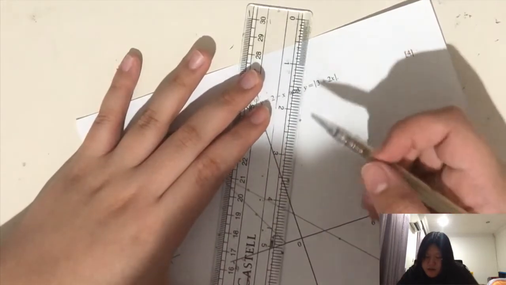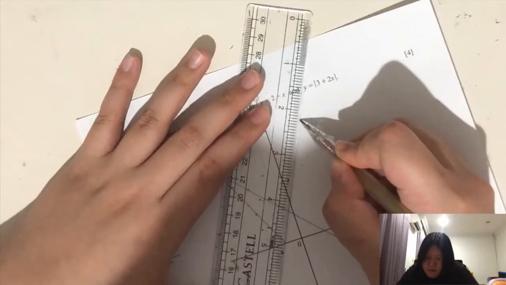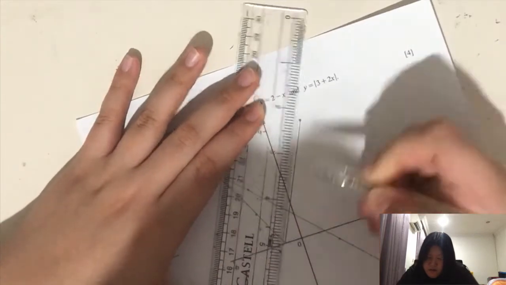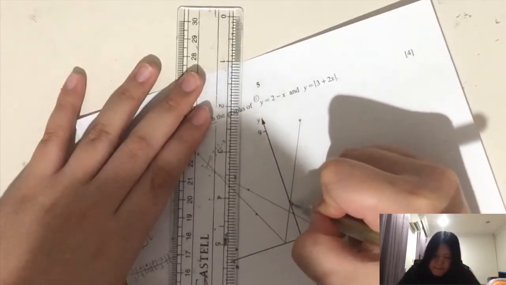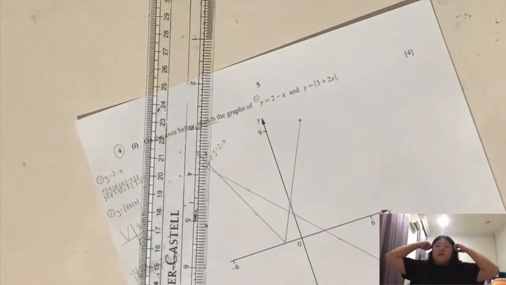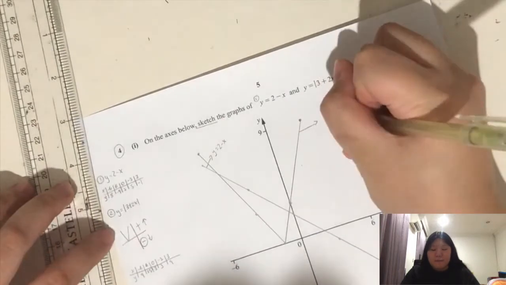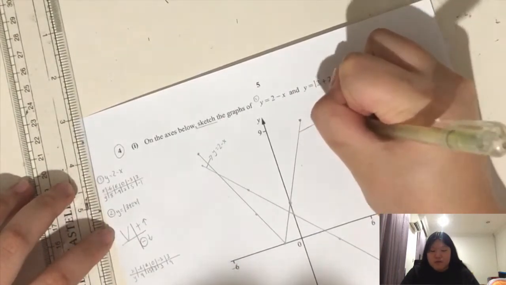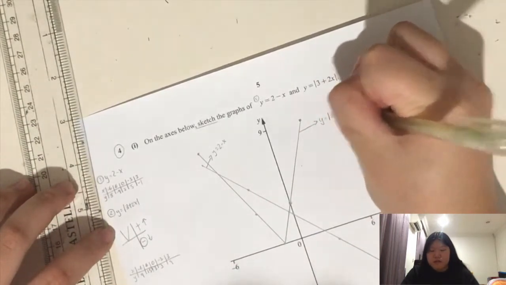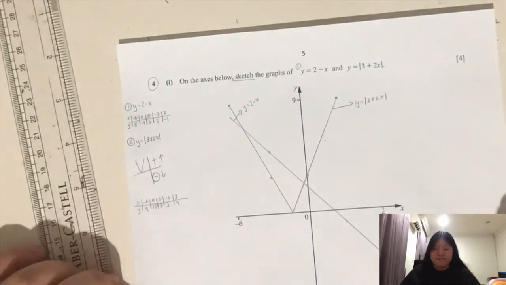Just simply connect the marks you have made. Okay. So now we mark this graph as y equals the absolute value of 3 plus 2x. So that is how you sketch the graph.